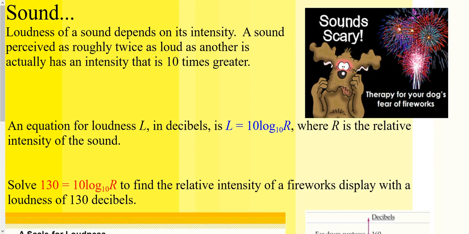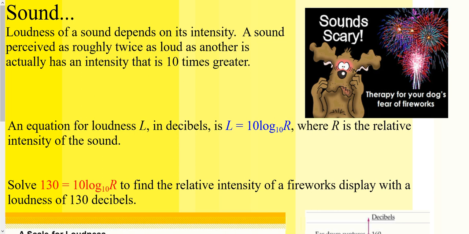Now, why might we need to learn about logs? Well, if you're dealing with sound and you look at the intensity of sound, sound is typically measured in decibels. However, it's a logarithmic scale.